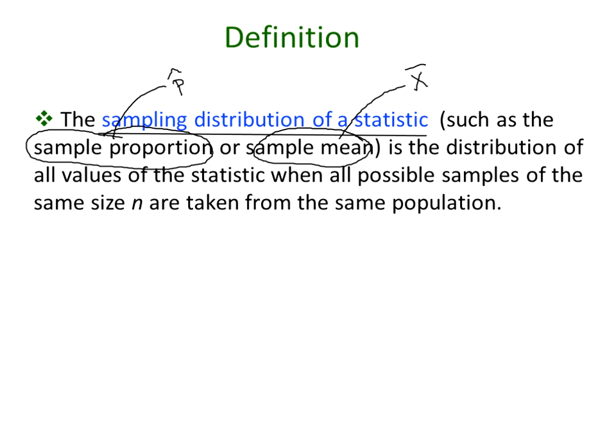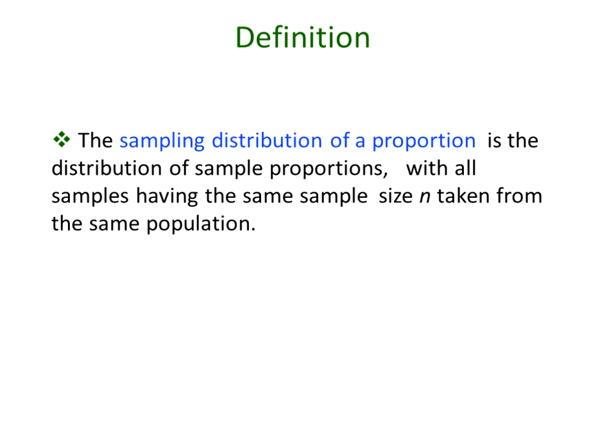For every sample that you select, you're going to notice what the sample mean is, and then you're going to look to see how that's distributed. What is the behavior? If you keep track of all the means from every sample you take from your population, what does that look like?